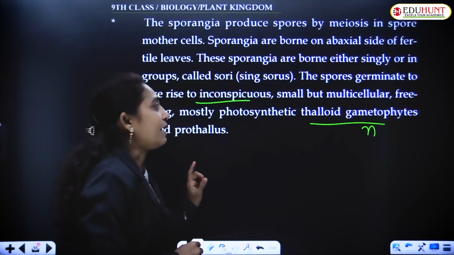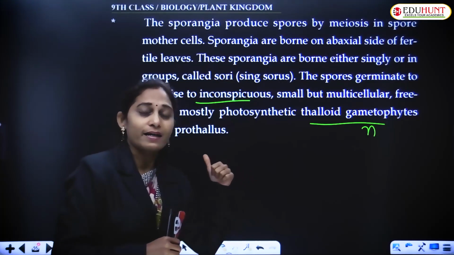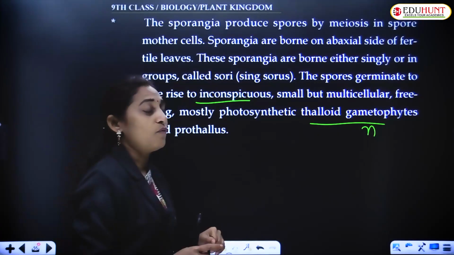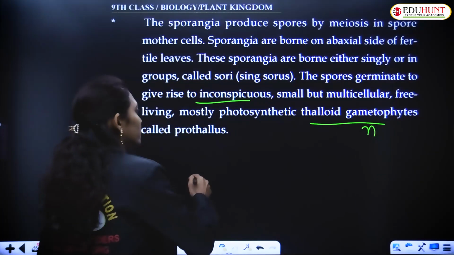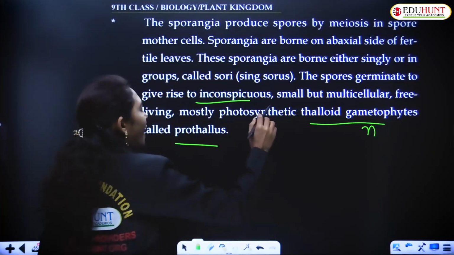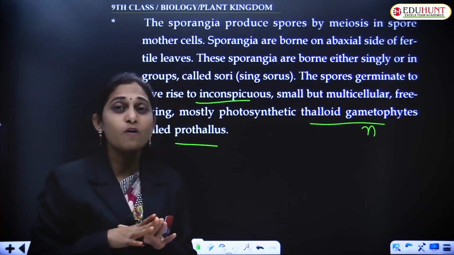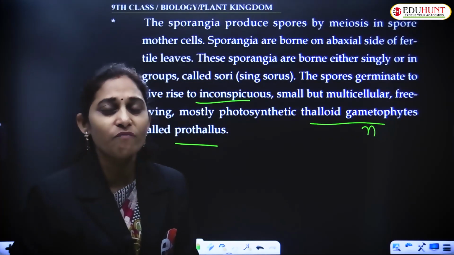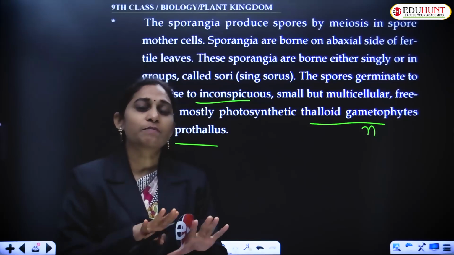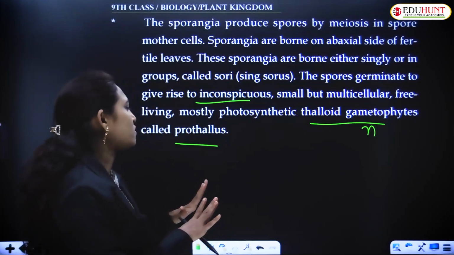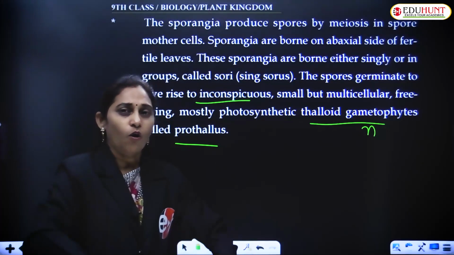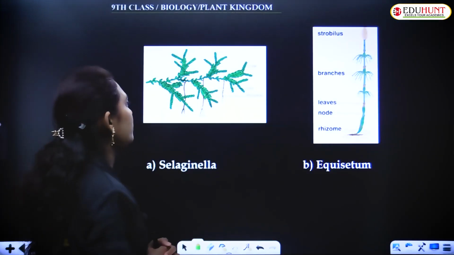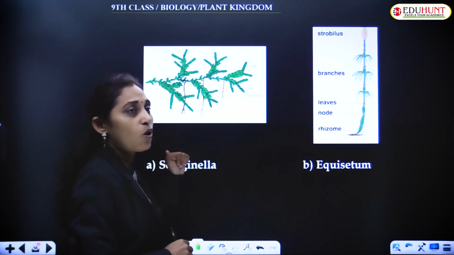So here the life cycle is diplohaplontic. There it is haplodiplontic, and here it is a diplohaplontic type of life cycle, and alternation of generations is quite common. Here the gametophyte is called a prothallus, because a thallus is an undifferentiated plant body where there are no leaf, stem and roots. Here also, it is just a prothallus which spreads over the substratum and is produced by the spores after germination. This is one of the examples of pteridophytes.